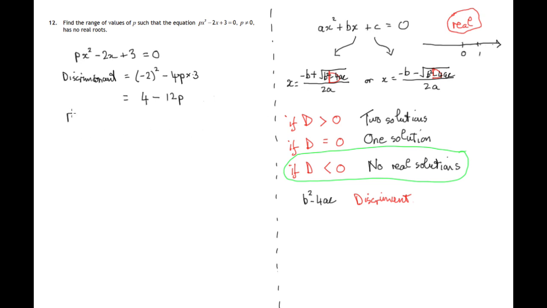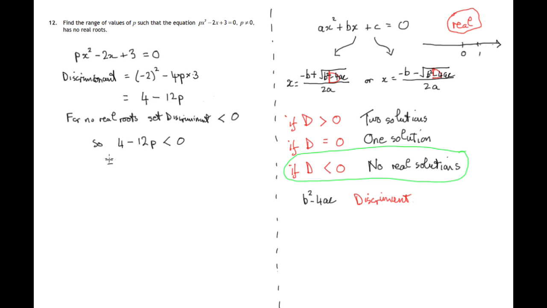So for no real roots, we set the discriminant less than 0. So we want 4 minus 12p to be less than 0.